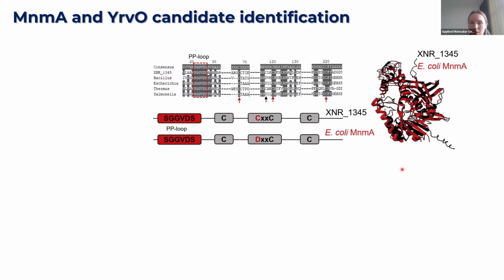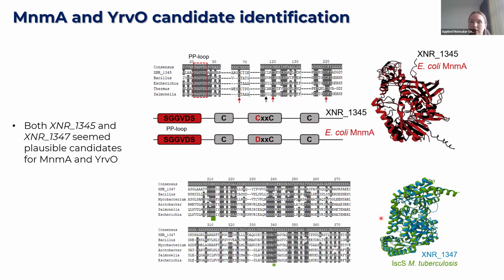And we can see a similar picture for 1347, which is YrvO, and we have a pretty good multiple sequence alignment, with the most important residues for catalytic function highlighted. Here we also have some conserved catalytic residues, and they are present in both of our proteins.